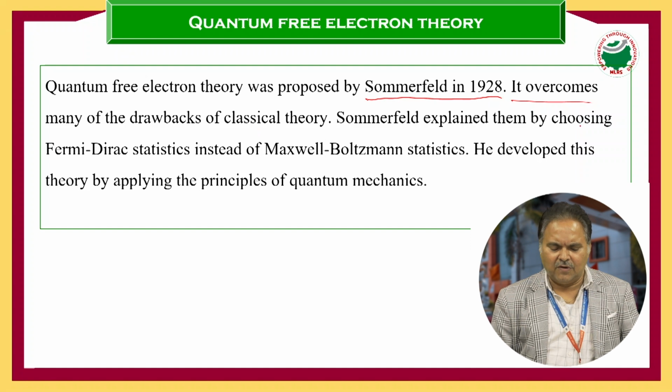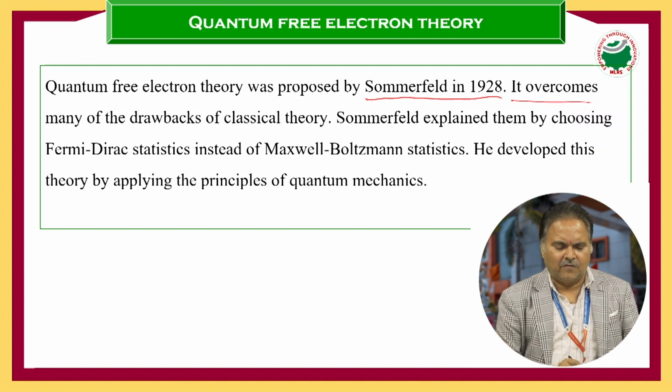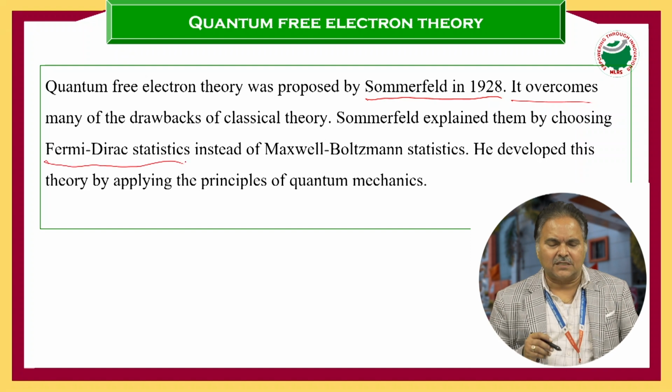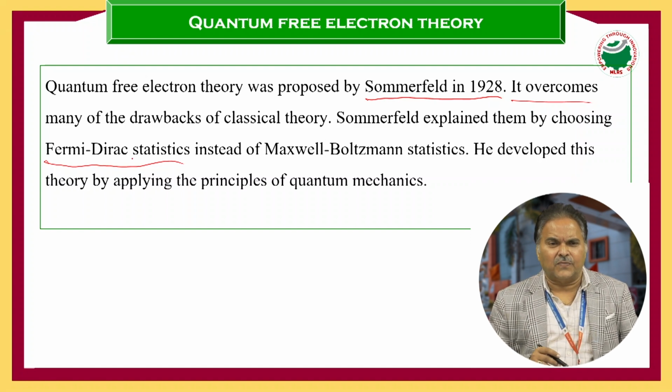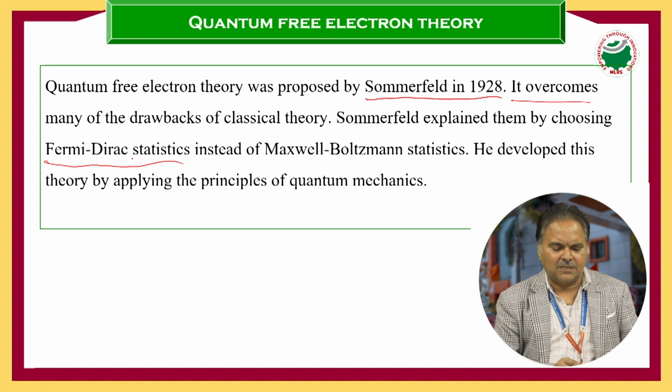This explains the energy or velocity of particles or electrons inside the lattice according to Fermi-Dirac statistics. How the electrons are arranged in that lattice is told according to these statistics. That one is Boltzmann statistics, this one is Fermi-Dirac statistics.